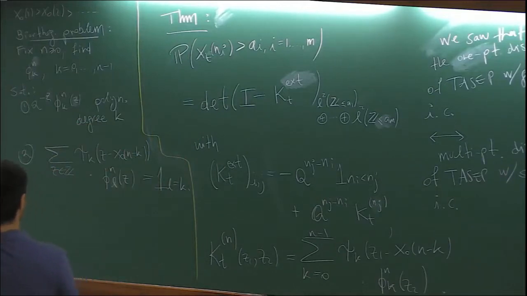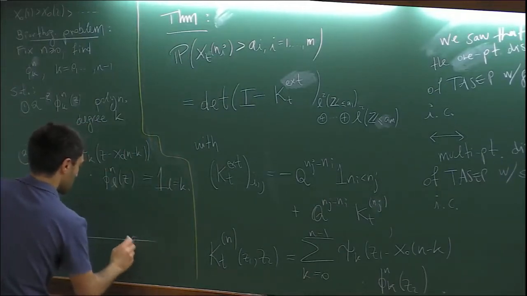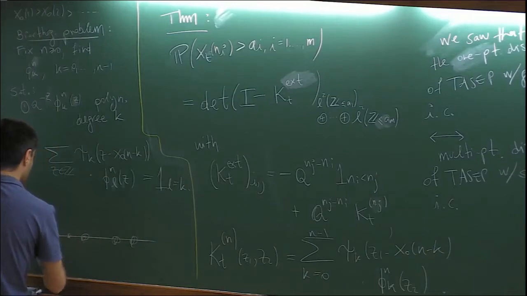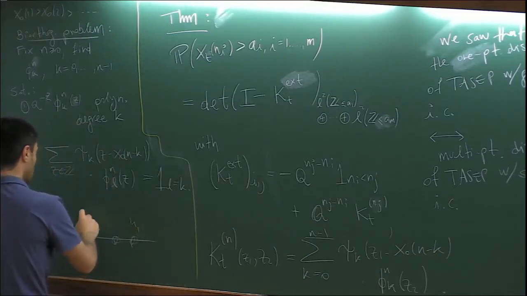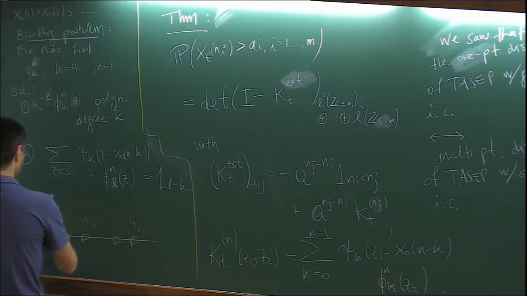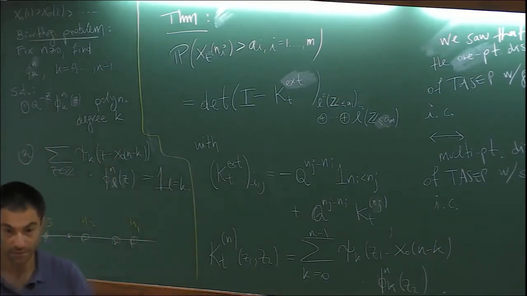I have my initial condition, it looks like something like this, whatever, and then I fix particle labels N1, N2, and maybe N3 or something like that, and I want to know where they are at a later time.